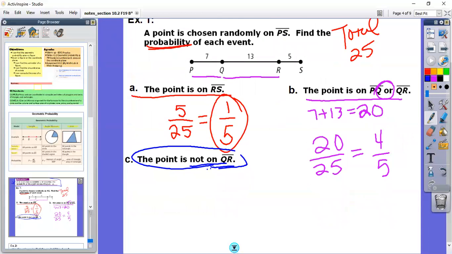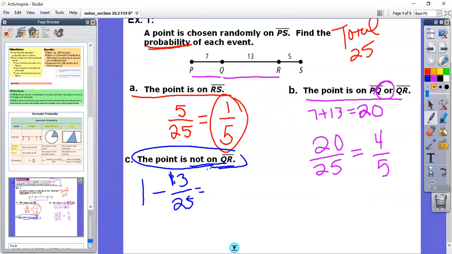So I could say, what's the chance of QR happening? Well, QR is 13 out of 25, and then I just need to subtract that from 1, and that will give me the probability of it not happening.